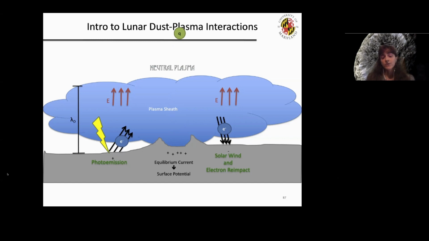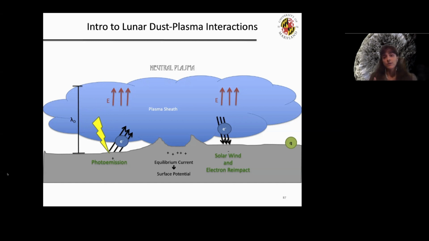Now, if the particle is detached with just the right initial velocity and just the right initial charge, it may actually levitate. Next. So when I say levitation or electrostatic levitation, this is the idea that the particle could hover above the surface due to basically gravity and the electrostatic force on the particle canceling out.